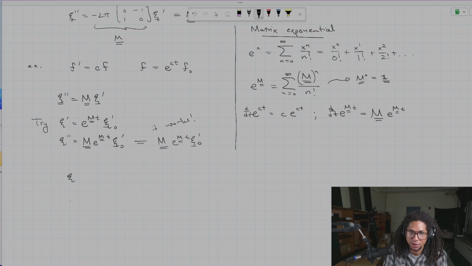C prime is equal to, now I'll write it back in, minus 2 pi, 0 minus 1, 1, 0, times C naught prime.